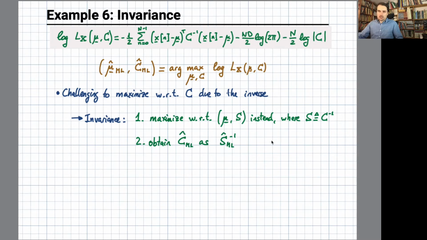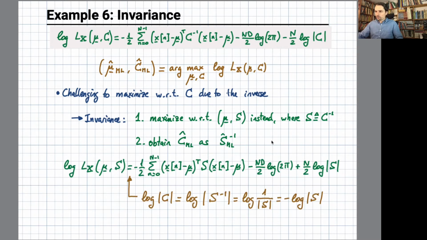So this is just a plain application of the invariance property. And to this end, we need to find the log likelihood function of mu and S, right? And this can be easily obtained from this expression.